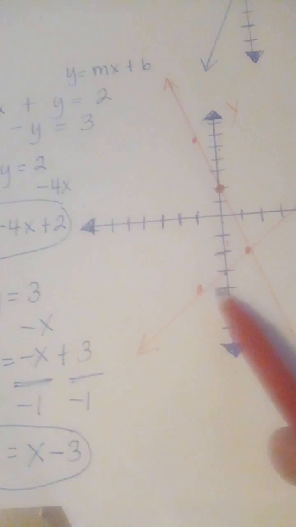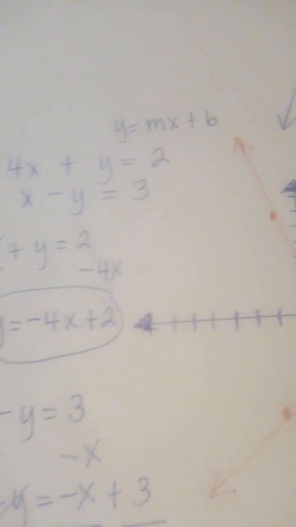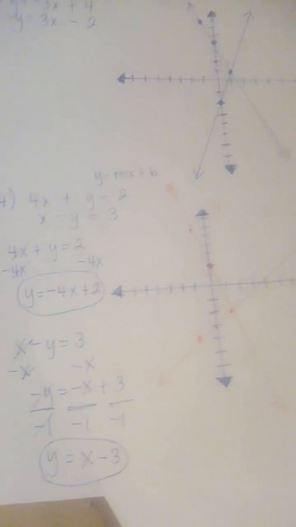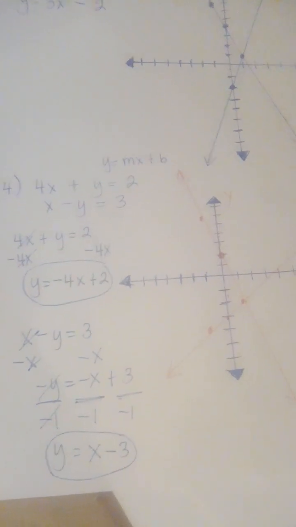This is the positive slope, x minus 3, and the negative 4x plus 2 is a negative slope. So, any questions on number 4?